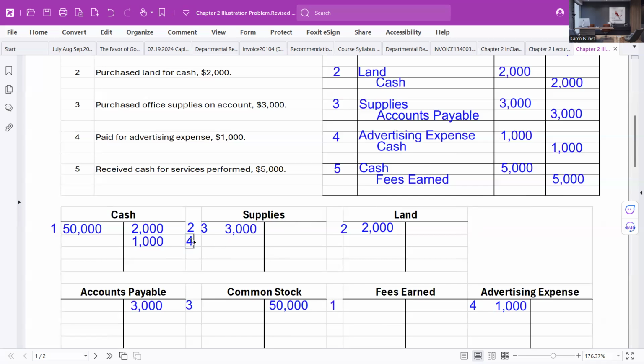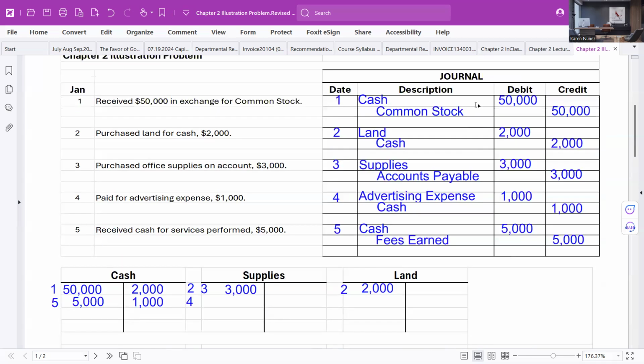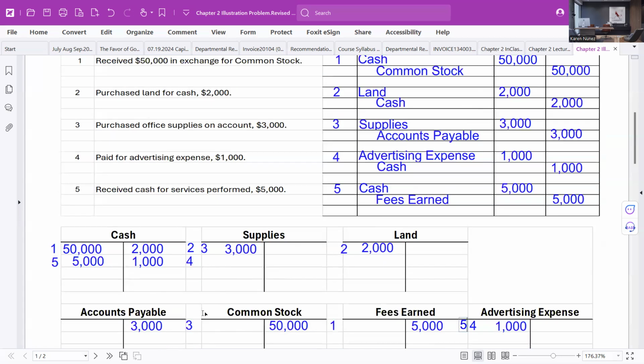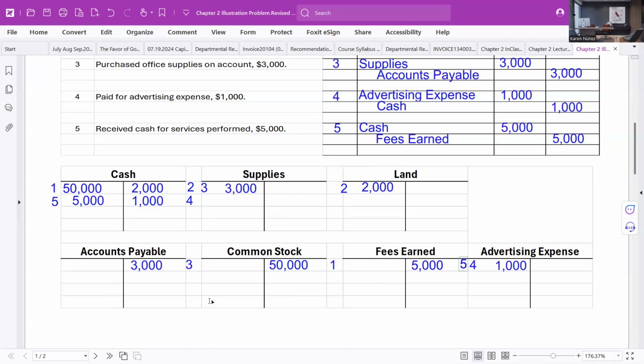And then lastly, we've got a debit to the cash account on the fifth for $5,000 and a credit to fees earned for $5,000 on the fifth. So we've now recorded all these transactions that are in our journal. We've posted them to the ledger. All of these T accounts are in the ledger, and we've now posted them to the ledger.